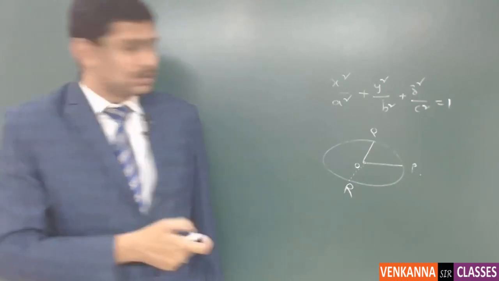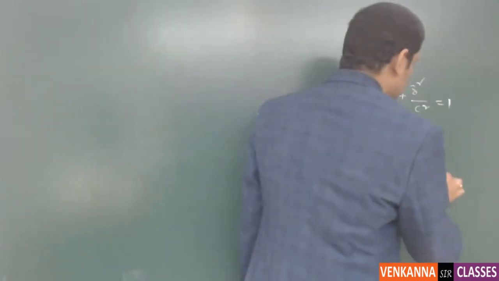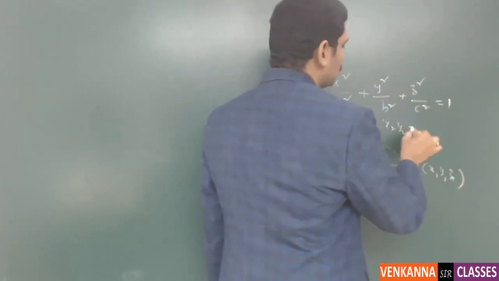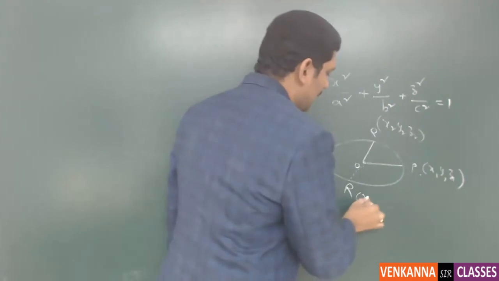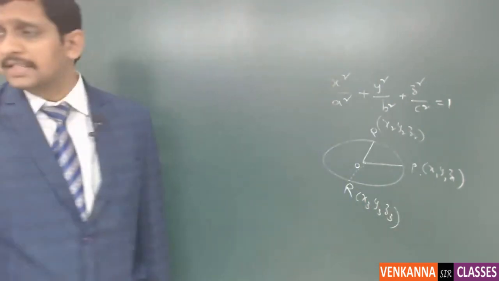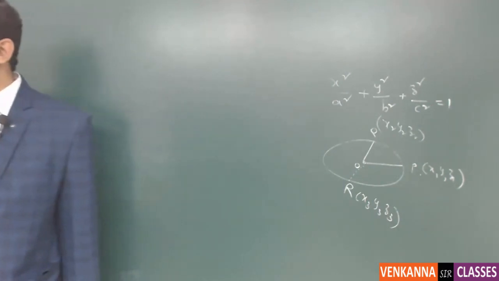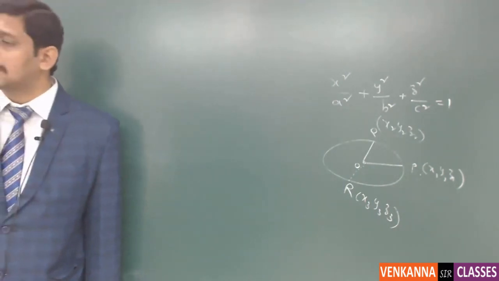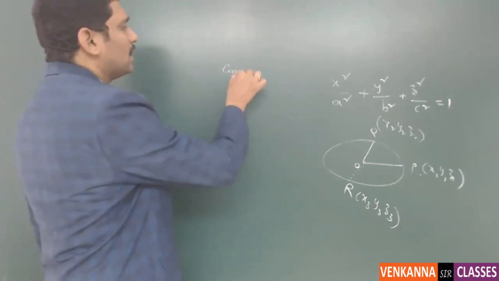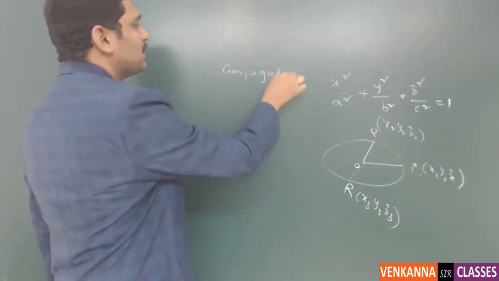Right. So if you take that, the endpoints are x1, y1, z1, x2, y2, z2, and x3, y3, z3. Let us say OP, OQ, and OR are nothing but the conjugate semi-diameters. What I am taking are conjugate semi-diameters.